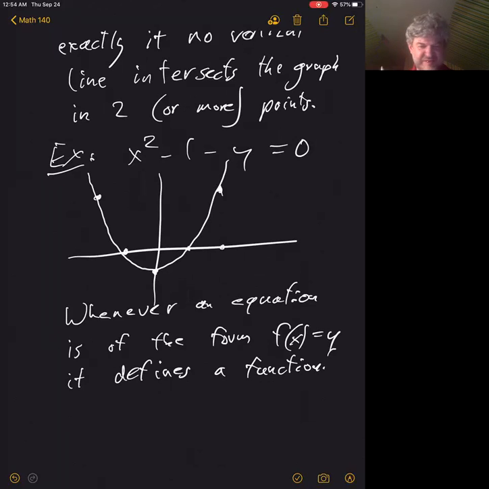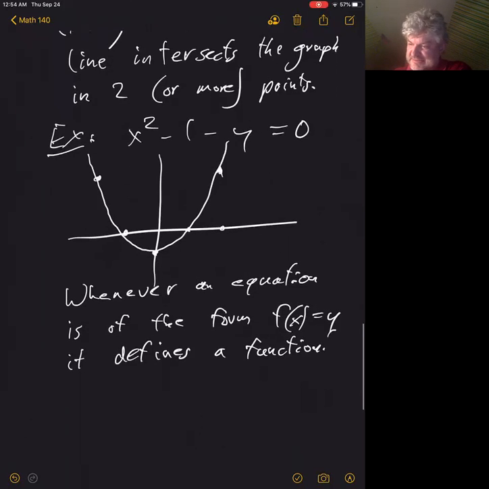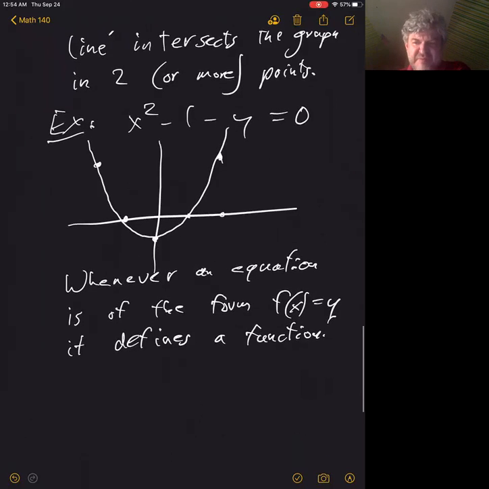There's always going to be one single answer for y. Because you can rewrite the equation x squared minus 1 minus y is 0 to be of that form, that equation defines a function. Okay, so very basic object. This is not rocket science.